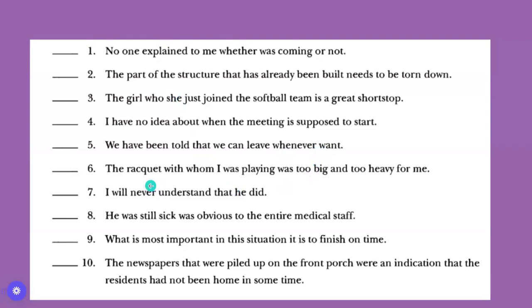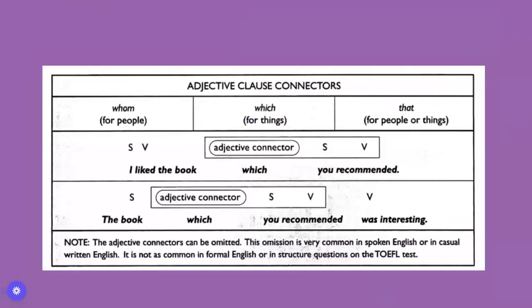The racket with whom I was playing was too big and too heavy for me. Complete. Although it's complete, it's incorrect because whom is a connector that is used only for people.